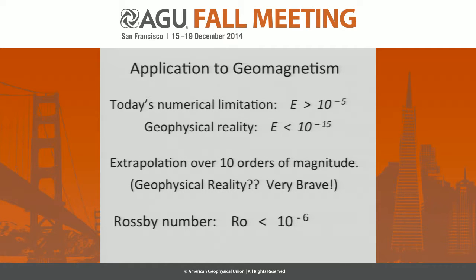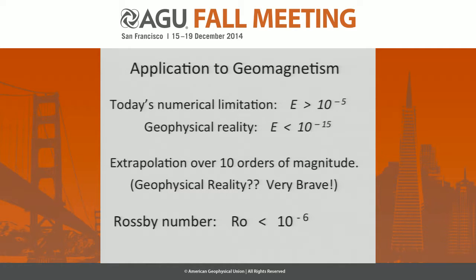It has to assume, for stability reasons, that the Ekman number is greater than about, say, 10 to the minus 6, and typically 10 to the minus 4 is the more usual area that people work in. And geophysical reality is that the Ekman number is like 10 to the minus 15. A tremendous difference, an extrapolation over 10 orders of magnitude.